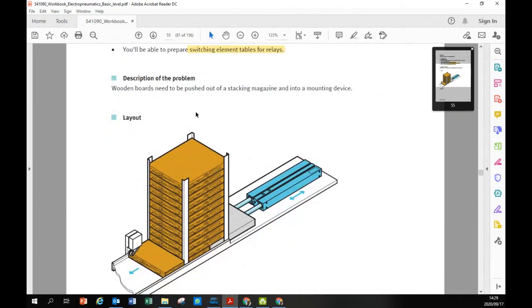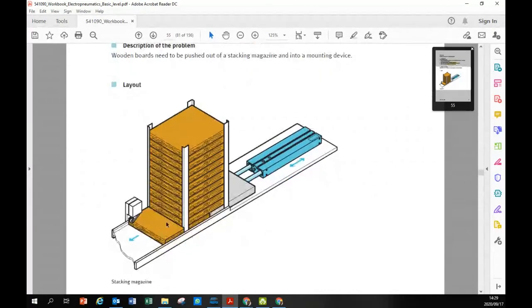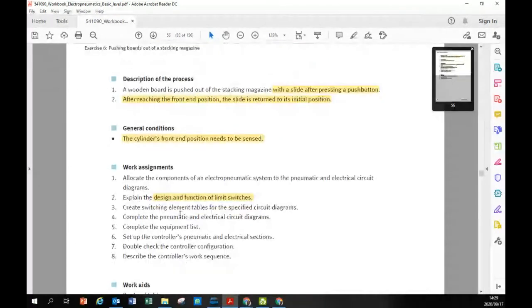Wooden boards need to be pushed out of the stacking magazine and into the mounting device. Let's go straight to the requirements. We were practicing earlier with my guy, that's why you see a lot of things highlighted already. We start with the push button.